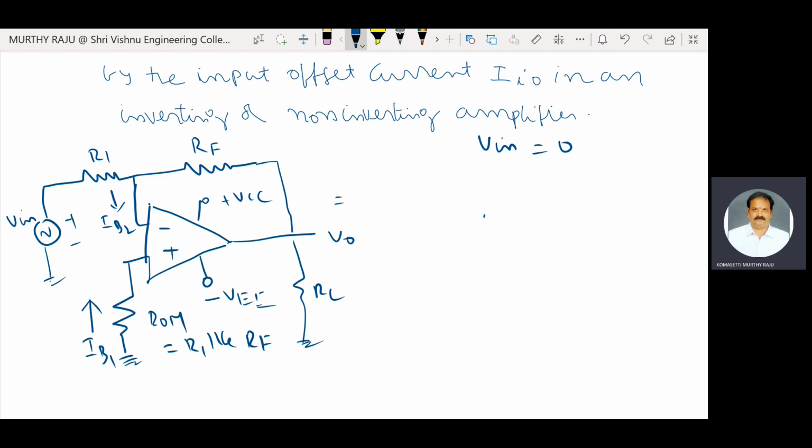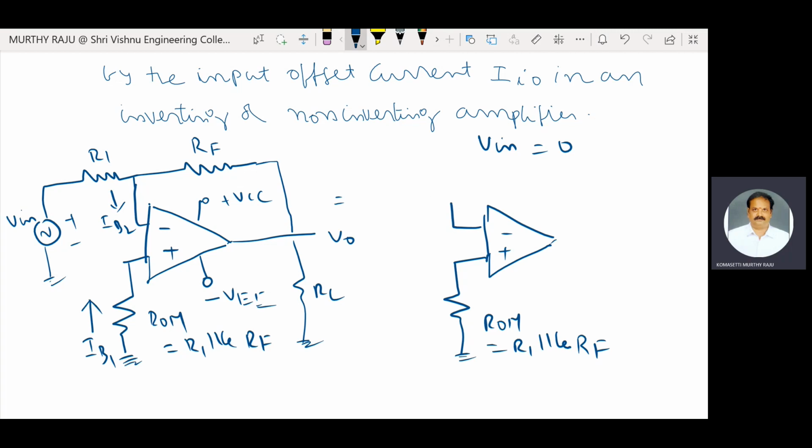This circuit diagram is transferred into minus, plus, ROM, that is equal to R1 parallel to RF. R1, Vin is 0, that means connected to ground.